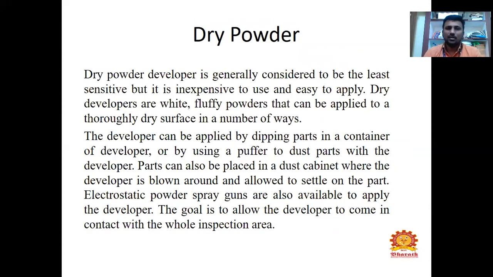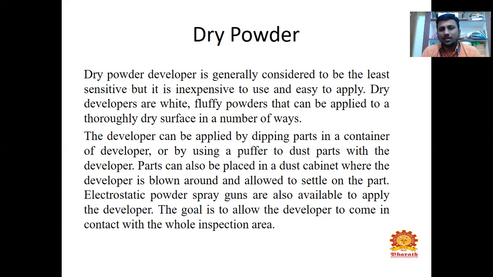What about dry powder? The dry powder developer is generally considered to be the least sensitive, but it is inexpensive to use and easy to apply. Dry developers are white, fluffy powder that can be applied to a thoroughly dry surface in a number of ways. The dry developer can be applied by dipping the part in a container of the developer or by using a brush to dust the part with the developer.